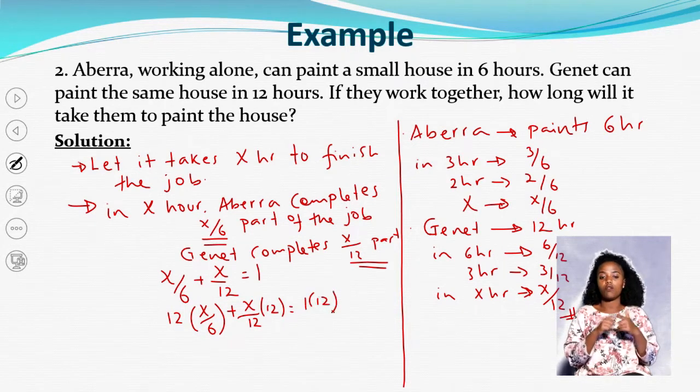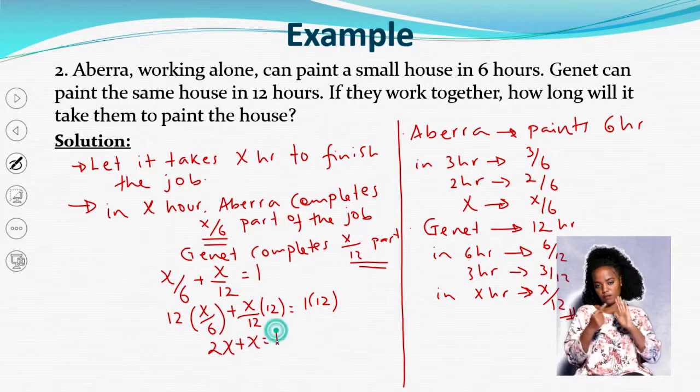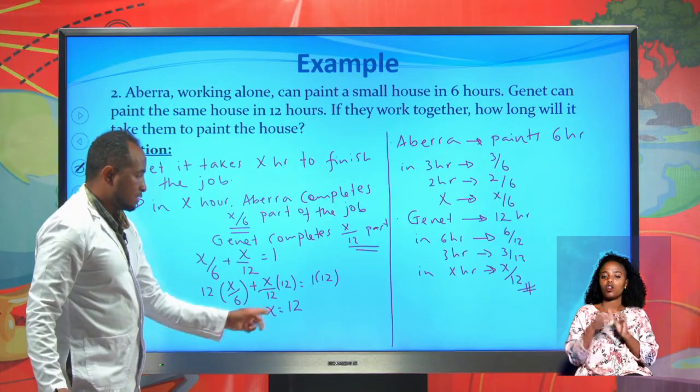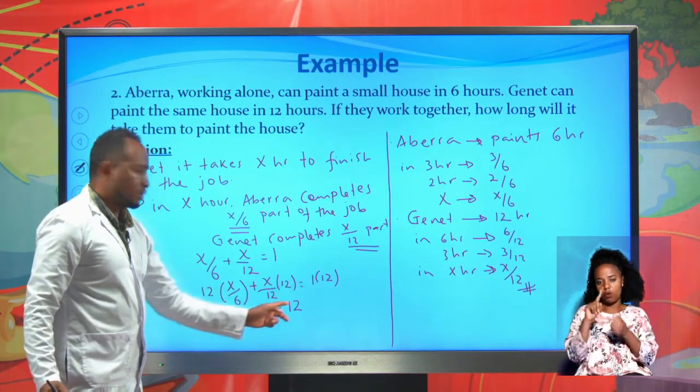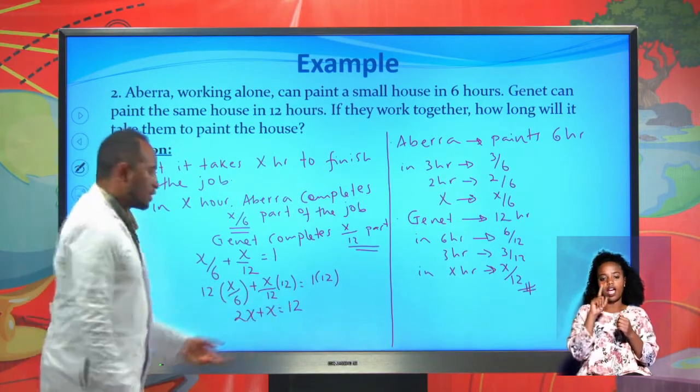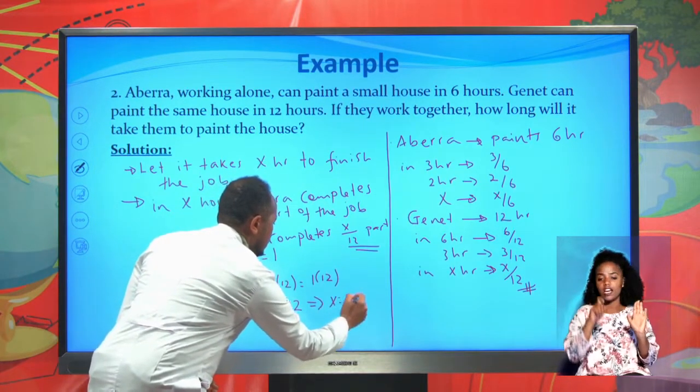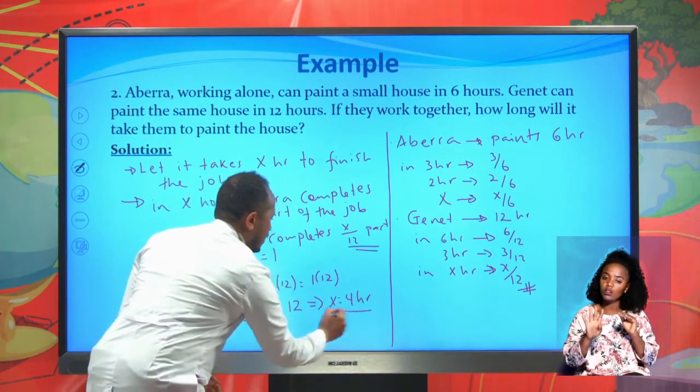Therefore, 12 divided by 6 gives 2x, plus x gives 12. 3x equals 12 means x equals 4. Therefore, x is equal to 4 hours.